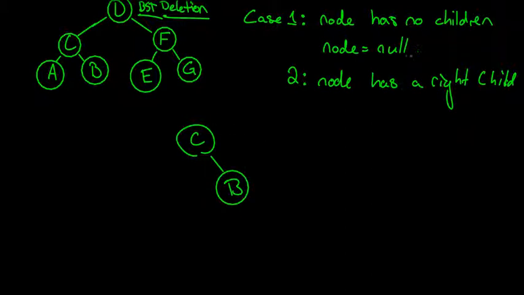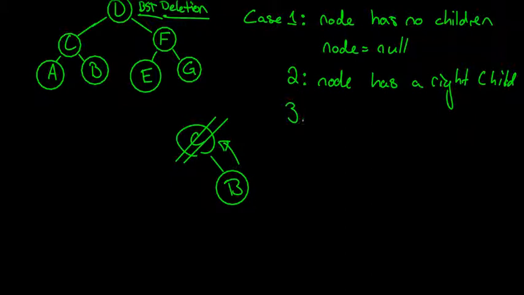And I guess there's a better way to say that. Case 2 should be: node has no left child. So there's just one child. In this case, you can simply move the child up, effectively deleting C. Okay, so you would delete the reference to C and move the child up.